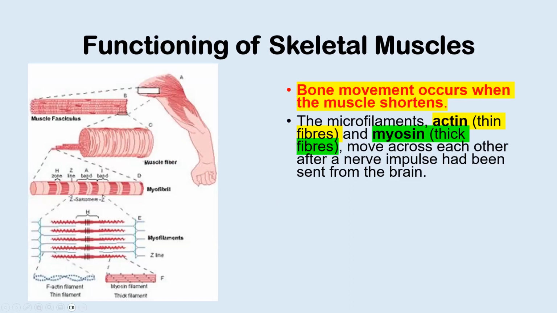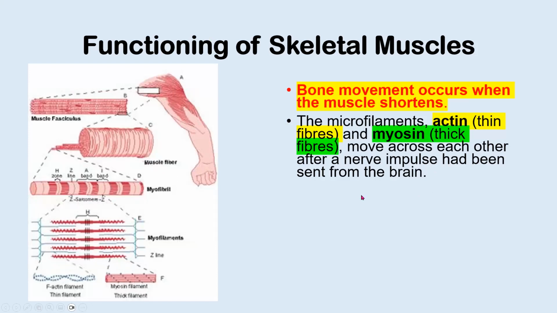So the whole thing becomes shorter. If you can imagine moving your arm close to your head or wherever, everything's done by this series of muscles. When these contract by bringing everything together, the muscles move. Sorry, the bones move.